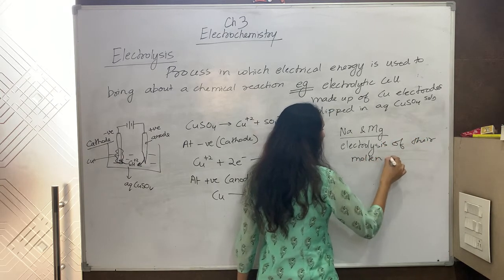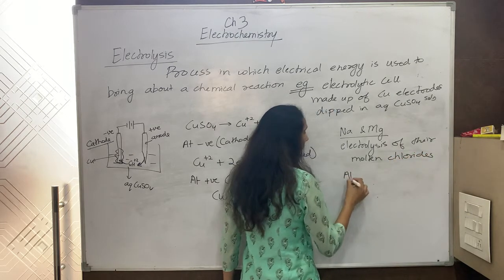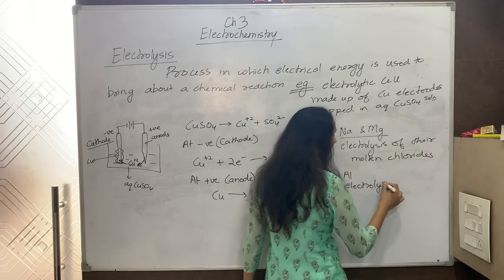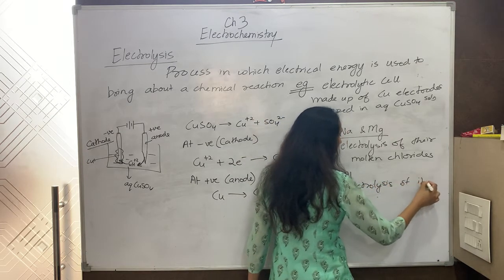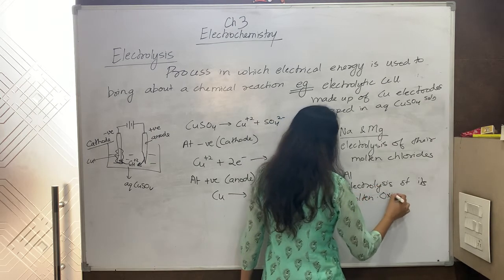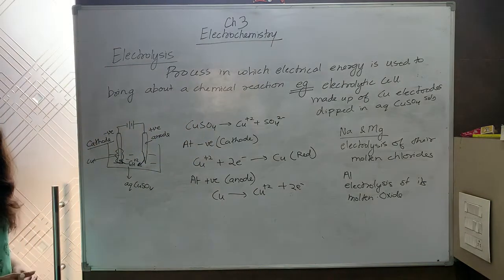We will do it in detail. Aluminium is obtained by electrolysis of its molten oxide. So during the extraction of these metals also, electrolysis is a very important process.